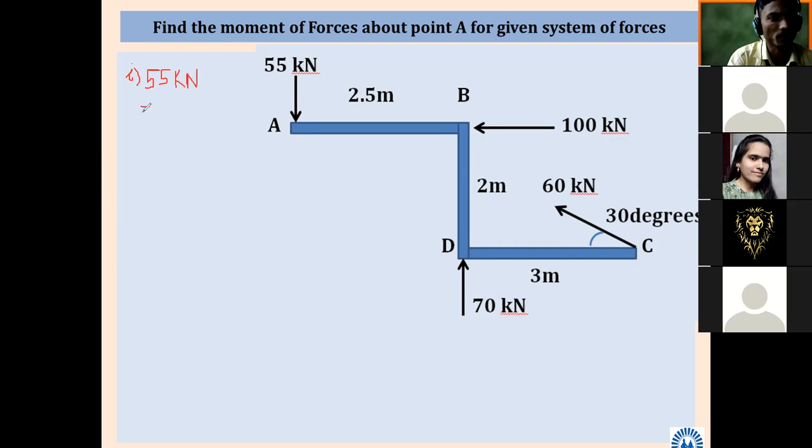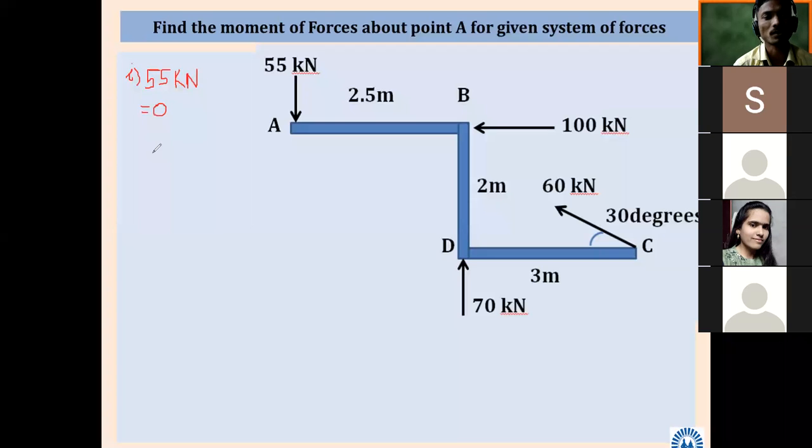What will be the moment due to the 55 kilonewton force at A? Zero. It is as simple as this. Here you can write one complete sentence: a force of 55 kilonewton is applied at point A. That's why the moment is 0 due to this force.